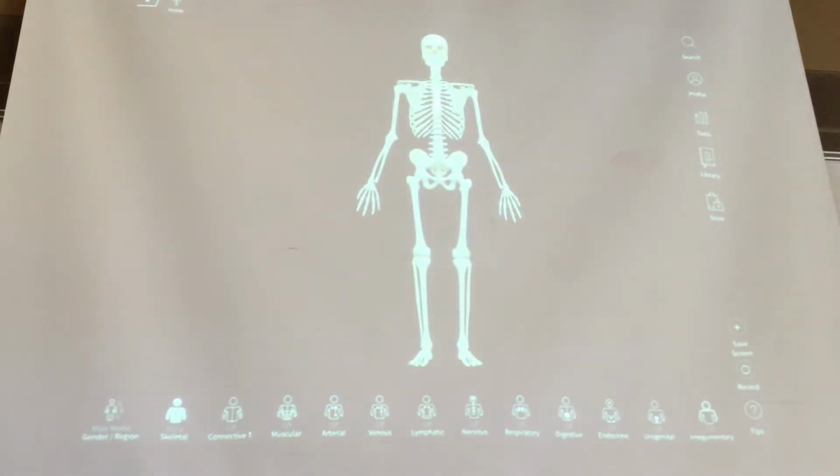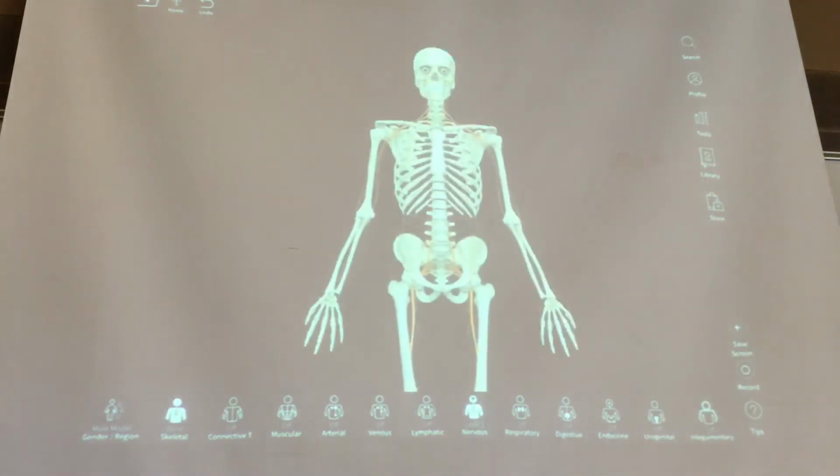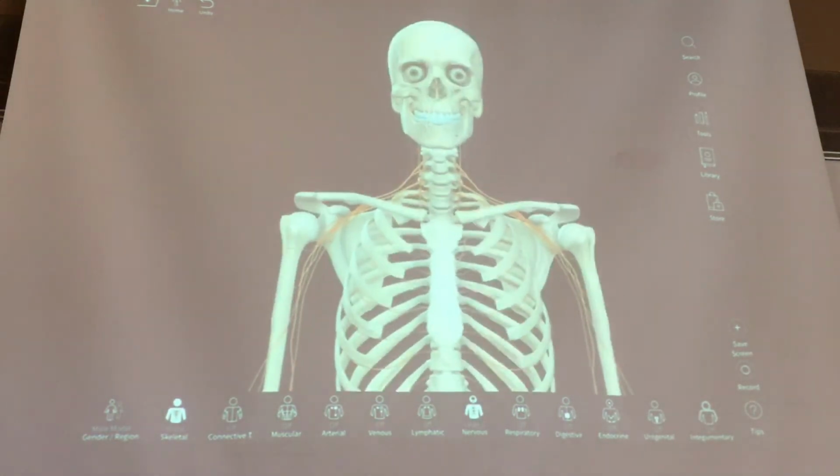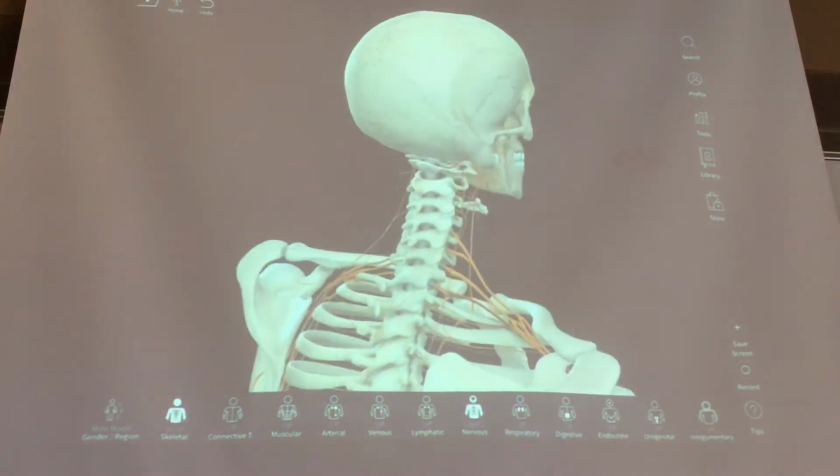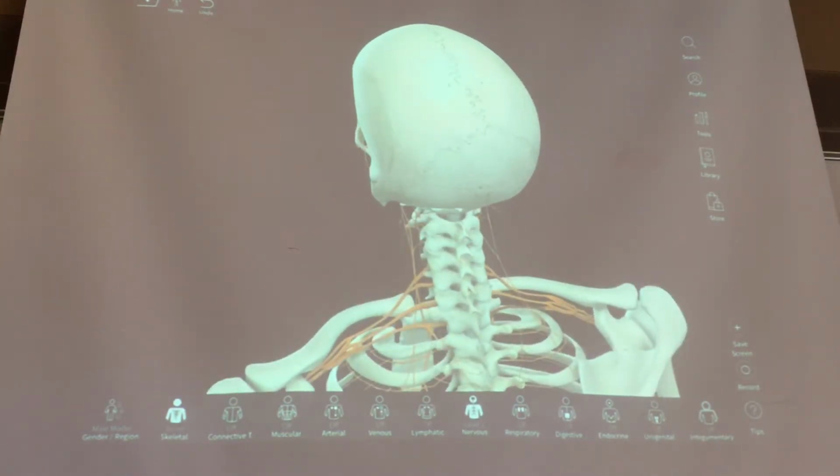So if I want to turn on our nervous system, I'll just click on the nervous system, hit the plus sign one time. I'm not going to overwhelm you with too many nerves. We're just going to look at the first layer of the nerves. I'm going to make this nice and big, and then spin them around. And let's take away some bones.